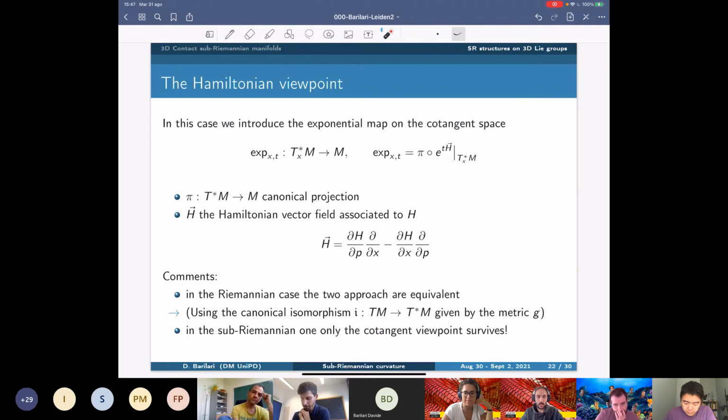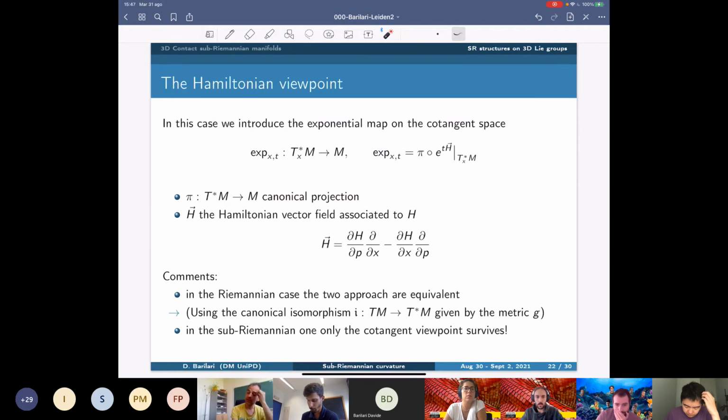So here is just notation and a recap of what we were saying also yesterday. The exponential map in the Sub-Riemannian case is defined on the cotangent space, because to identify geodesics we use covectors, and we can see this exponential map as the projection of the Hamiltonian flow.